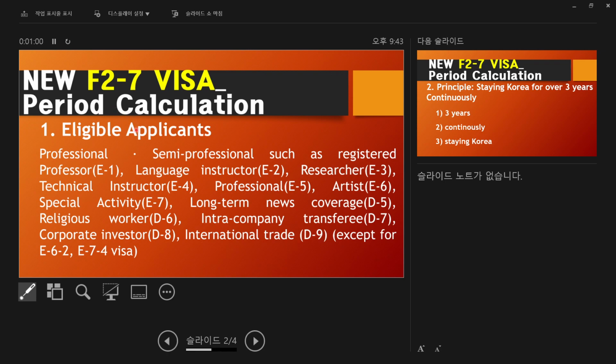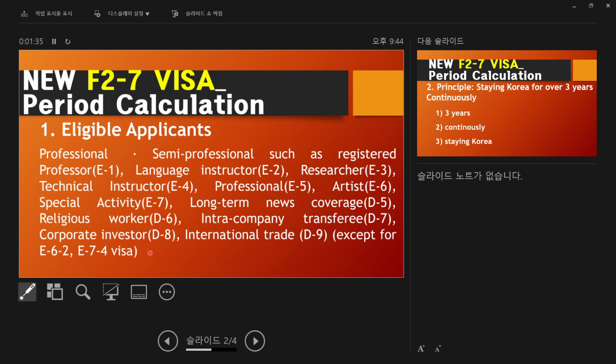Okay, it is the same as the current F27 visa criteria, right? There are eligible persons who can change to an F27 visa, and the current F27 criteria include the E74 visa, but from December 1st, under the new F27 visa criteria, oh, my pronunciation is not good today.